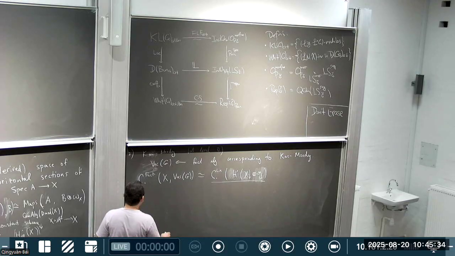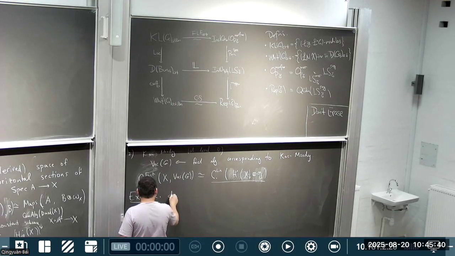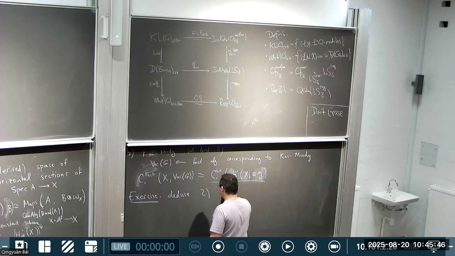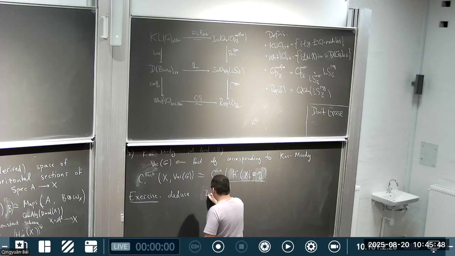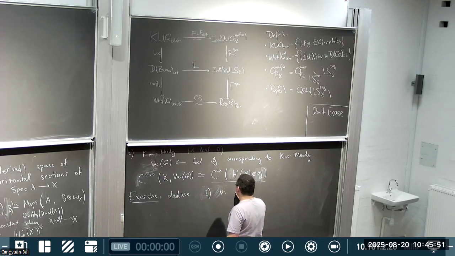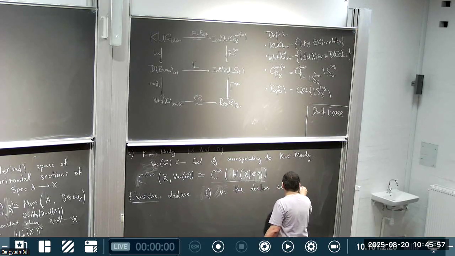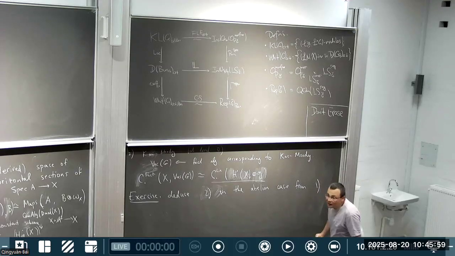We'll say more about that shortly, and maybe I'll leave it as an exercise, which is to deduce 2, that's this one in the abelian case, from 1.